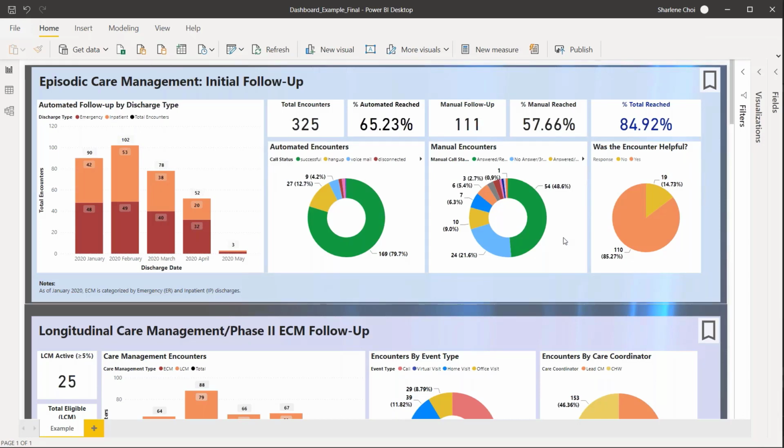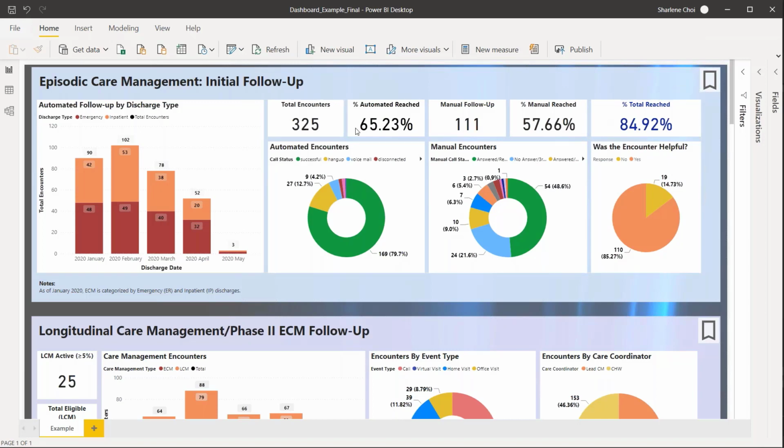For manual follow-up, of the 35% that were not reached by the automated system, the care coordinator on the team initiates manual follow-up calls. So as you can see over here, 58% of the 111 manual follow-up calls were successful.